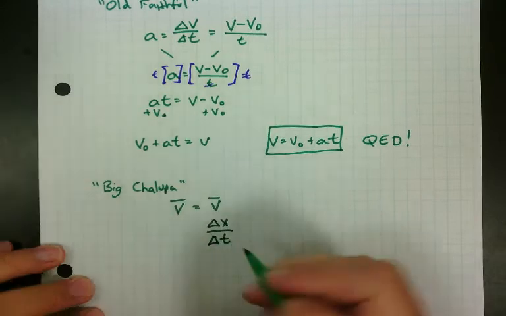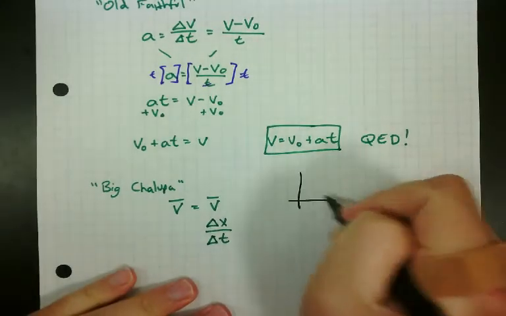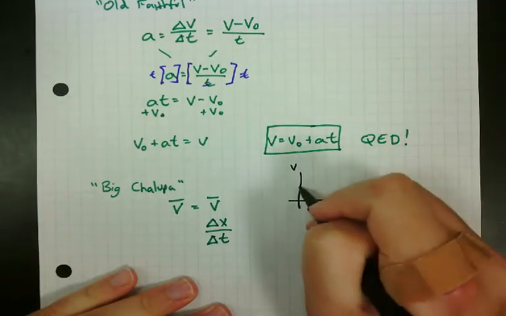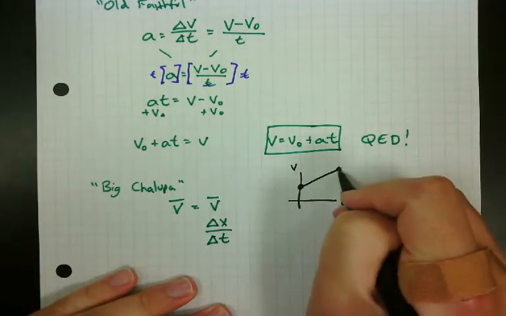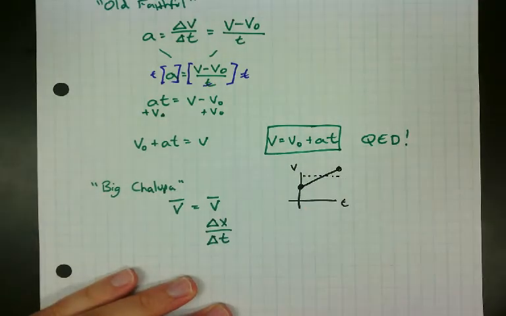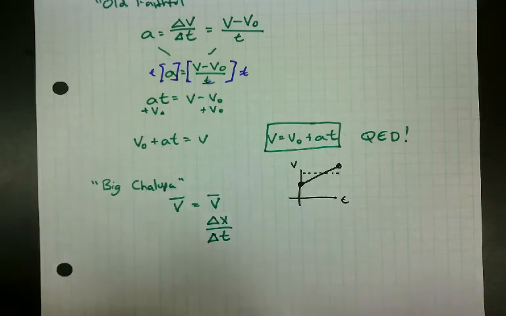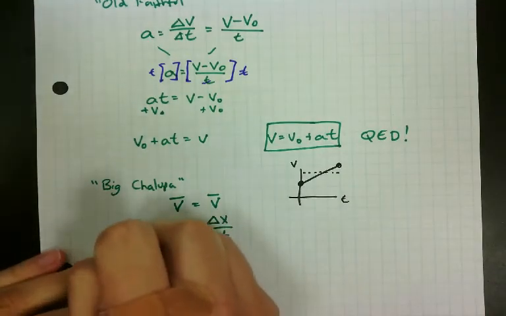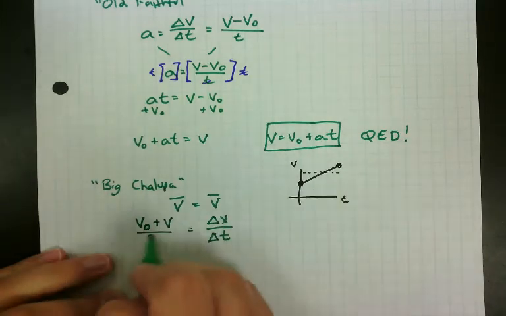And here's what I'm also going to say. You don't have to write this down, but if you imagine a velocity graph, and I have a constant acceleration, and I have a starting time and an ending time, I'm going to say on average, I'm going to be going at a velocity that's halfway between the starting and the ending velocity. So in other words, average velocity can also be said to be equal to v naught plus v, the initial velocity plus the final velocity, divided by 2.